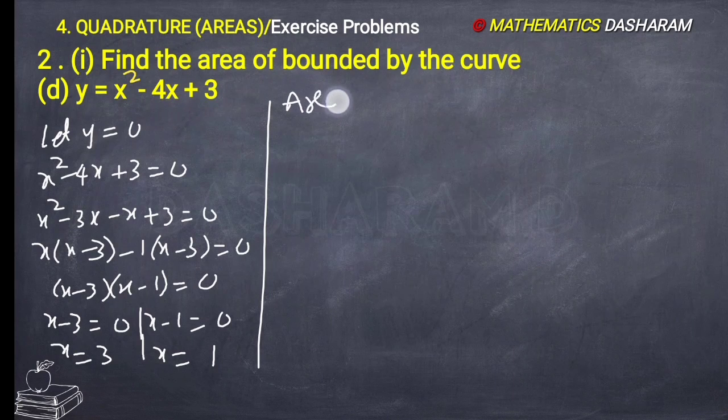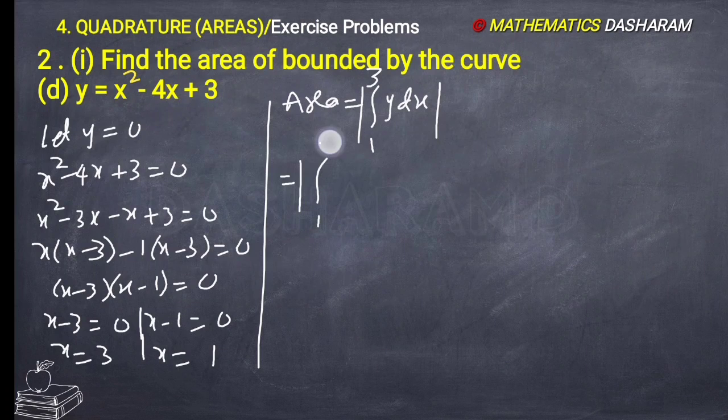So therefore the area equals the integration from 1 to 3 of y dx. So apply the mod symbol: mod of the integration from 1 to 3 of (x square minus 4x plus 3) dx.